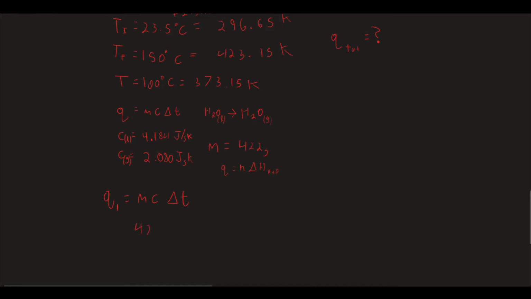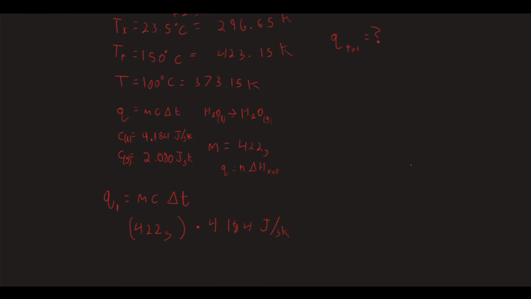So 422 grams. We need the specific heat of the liquid state, because we are currently in the liquid state. So we are going to multiply that by 4.184 joules per gram Kelvin.